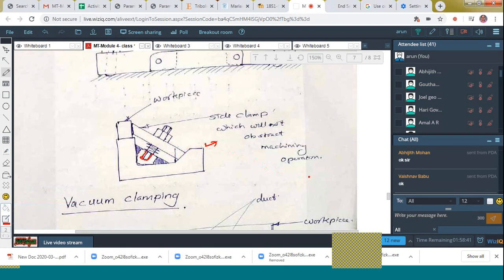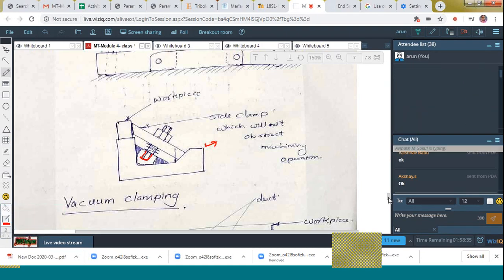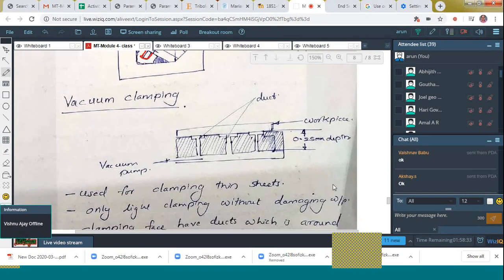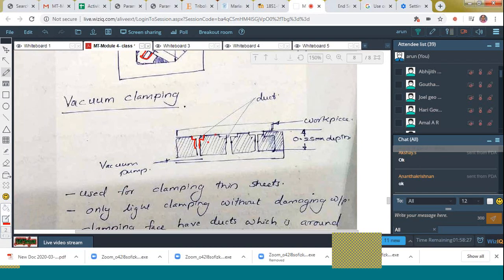And next I told you that two power clamps are also there, which are the vacuum clamp and magnetic clamp. So let's see. By using this figure itself I shall explain. You can see here, this is the bench, over which there exist a lot of small ducts.